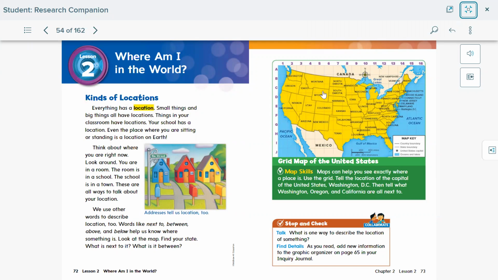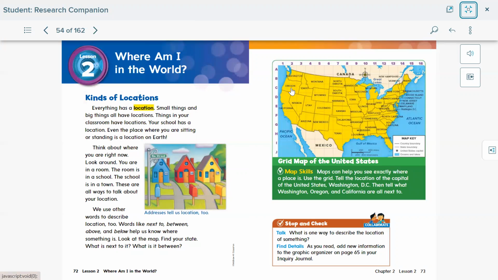So over here, we are in California. We know that on the west, we have the Pacific Ocean. On the east, we have Nevada.